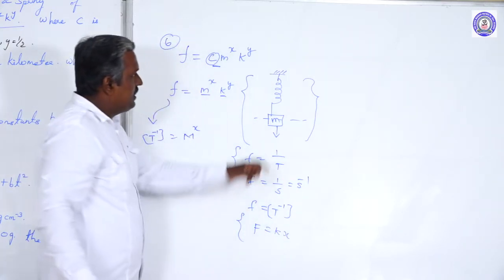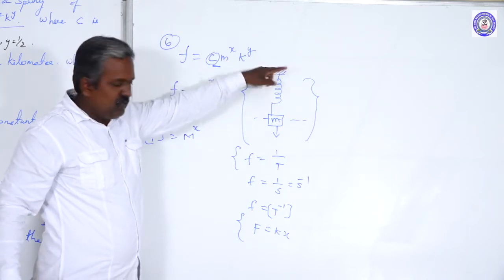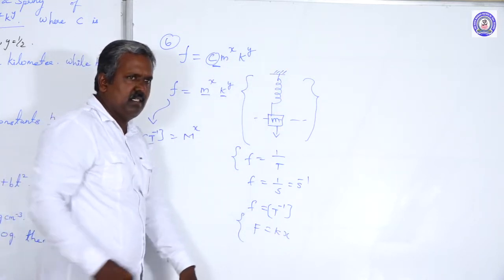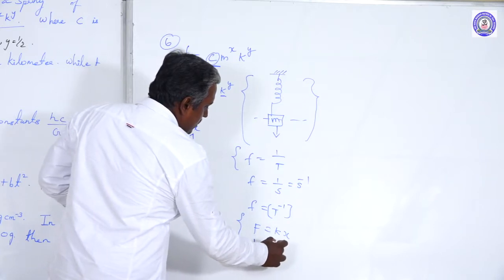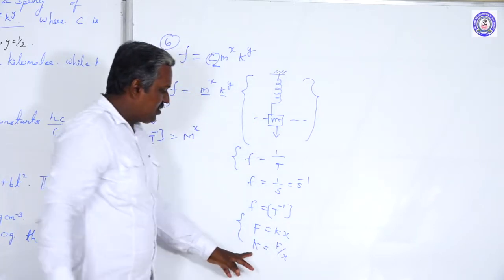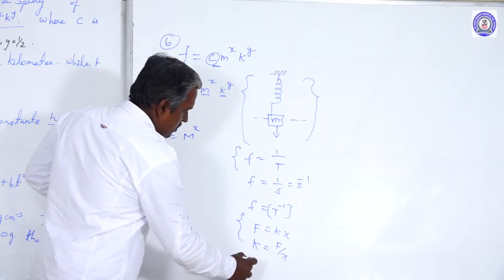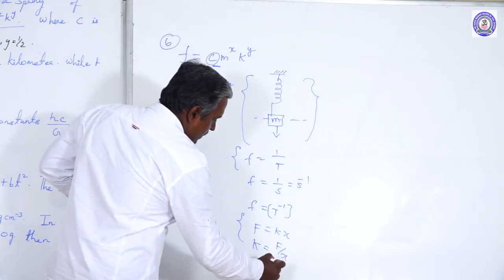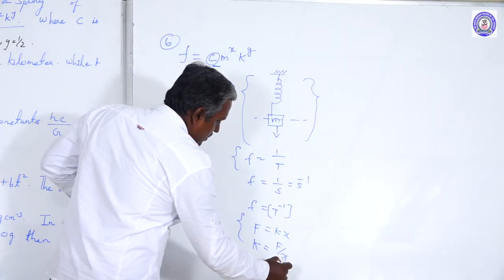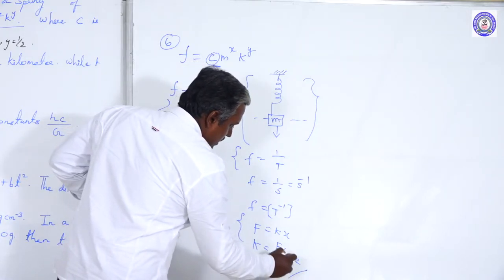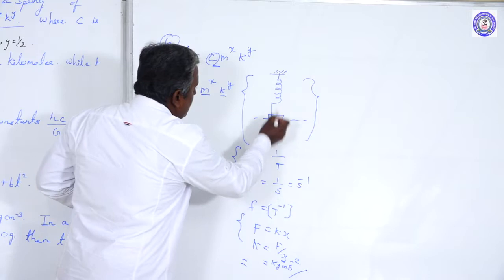restoring force set up in the spring. I am correct or not? So F is equal to kx. K means here spring constant. We can write it as F by x. So formula for F is MA, so unit kilogram meter per second square. X means the displacement from the given position.